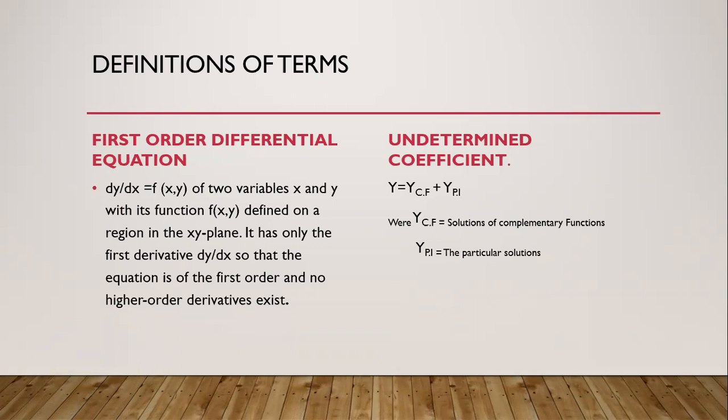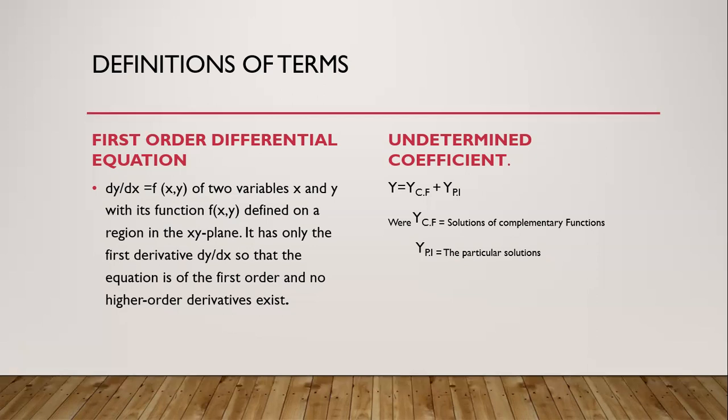Those are the definitions. We can see here the definition of the first order differential equation: we are given dy/dx equals f of x, y, a function of two variables x and y, defined on a region in the xy plane.